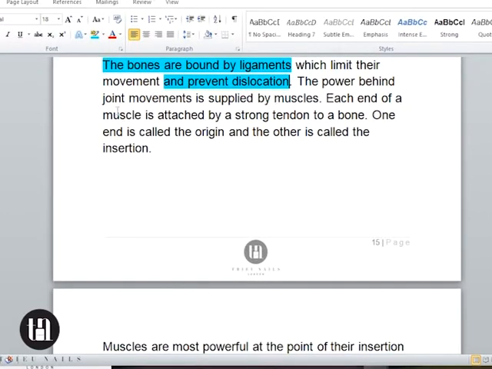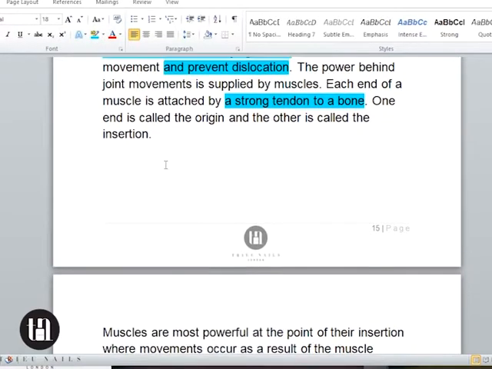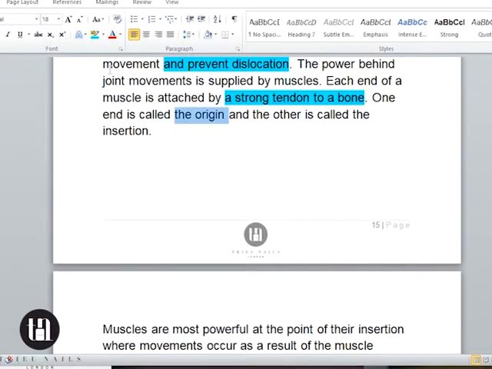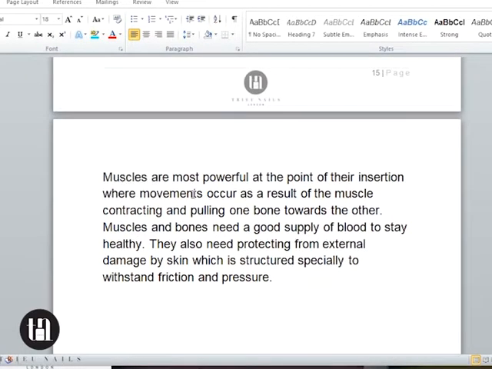Now, the power behind the joint movements is supplied by muscles. Each muscle is attached to the bone by a strong tendon. At one end is the origin, and the other end is the insertion.